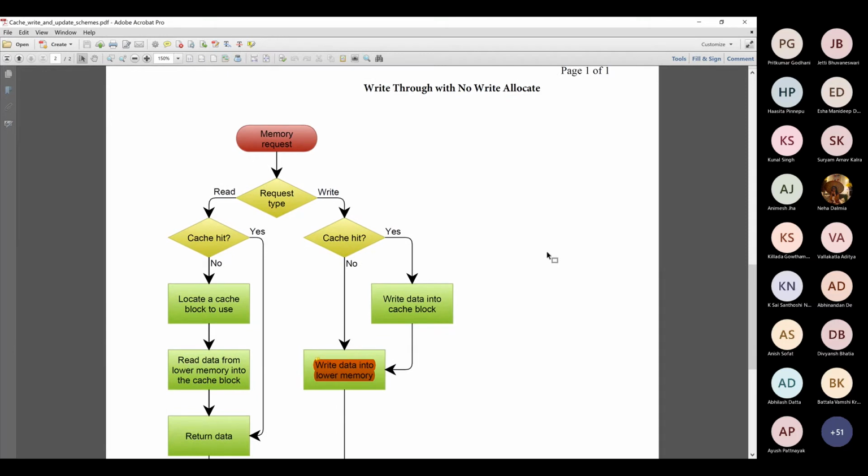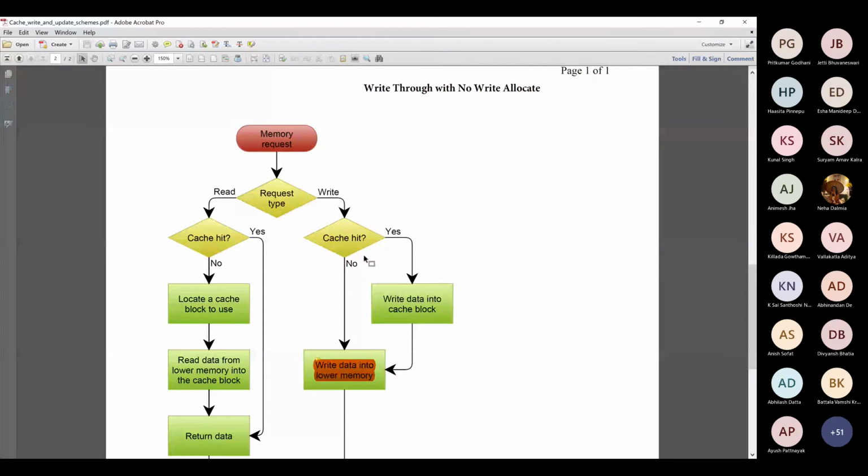You have to look at the write mechanisms, and you have to look at what happens when there is a write hit or a write miss.